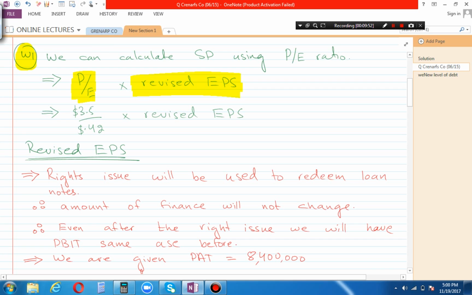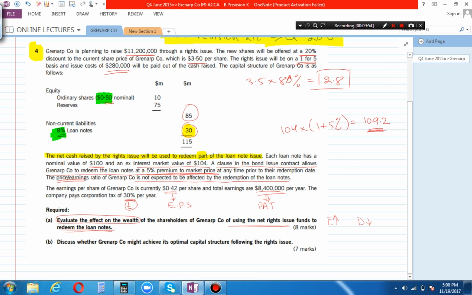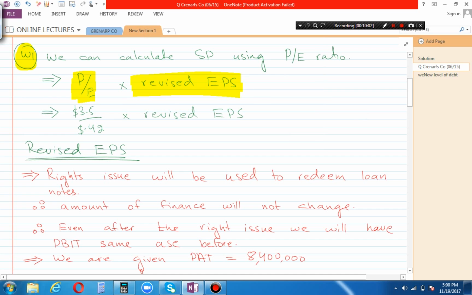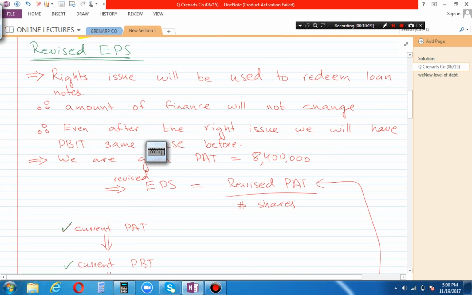As per our question, the current share price was 3.5 and the current earning is $0.42. So the price earning ratio would be 3.5 divided by $0.42, and this would be our PE ratio, and then we have to find our revised EPS.